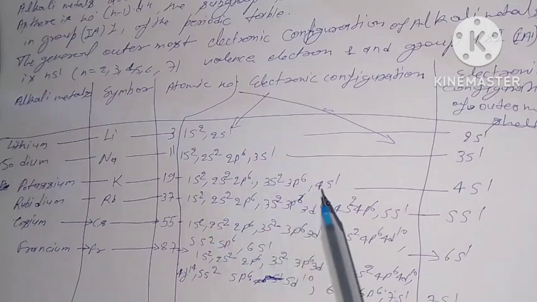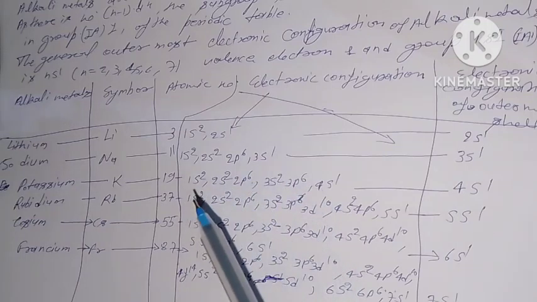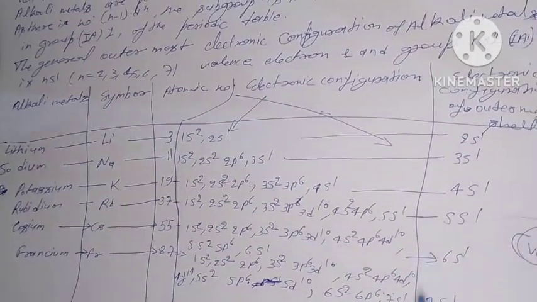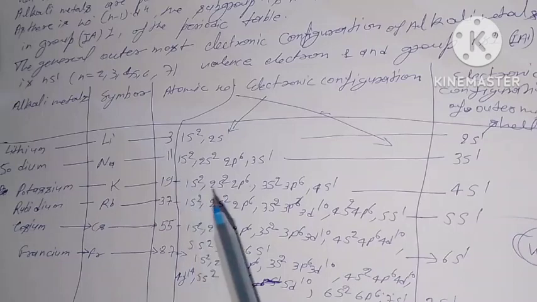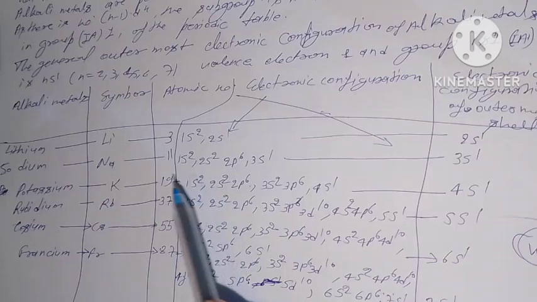The general outermost configuration is ns1, where n equals 2 to 7. Valence electron is 1 and group is 1A.